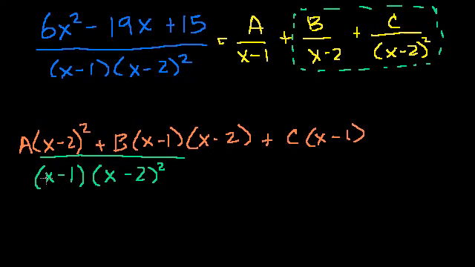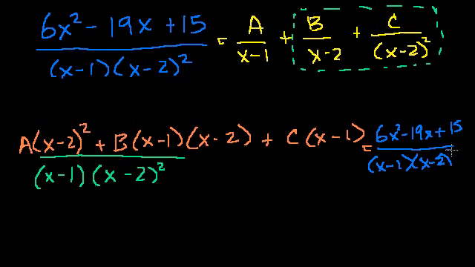If that cancels with that, we're left with c over x minus 2 squared. And all of this is going to be equal to, that up there in blue, 6x squared minus 19x plus 15, all of that over x minus 1 times x minus 2 squared.